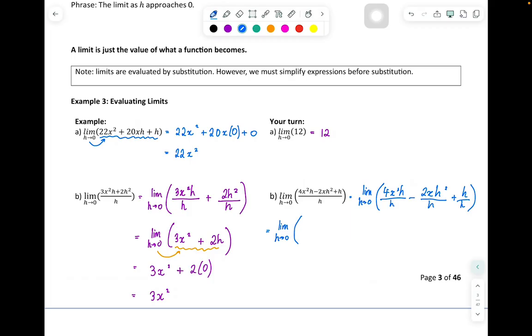We have not applied the limit yet. Now we are going to apply the limit. Notice we are substituting h. We are not substituting x.